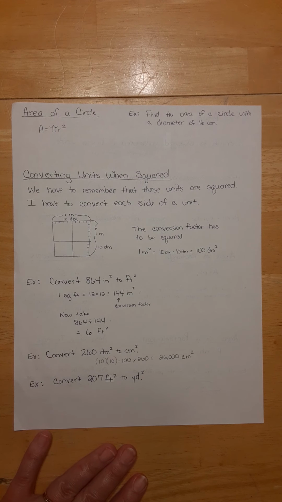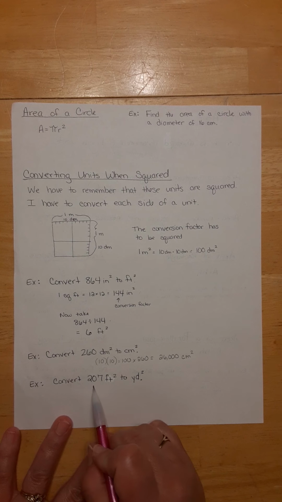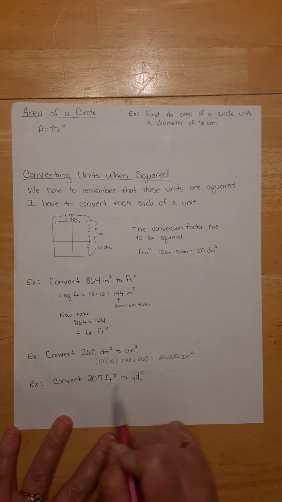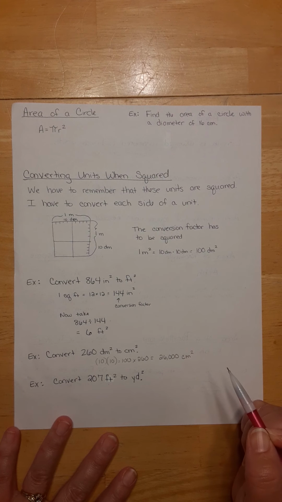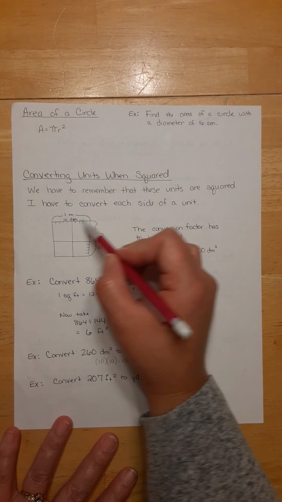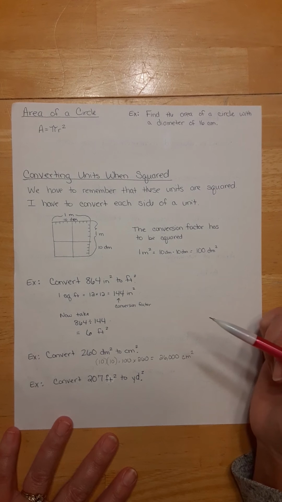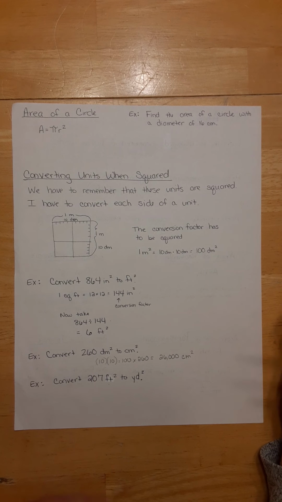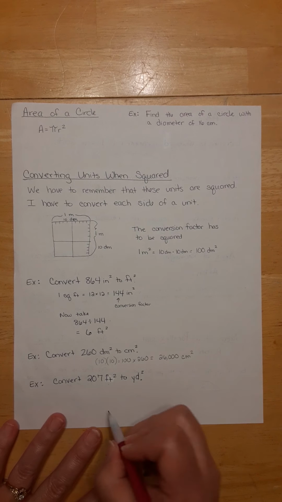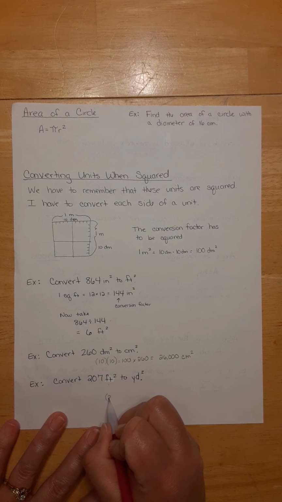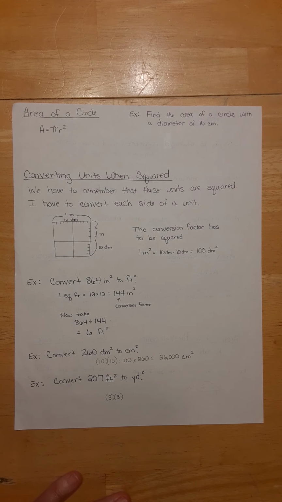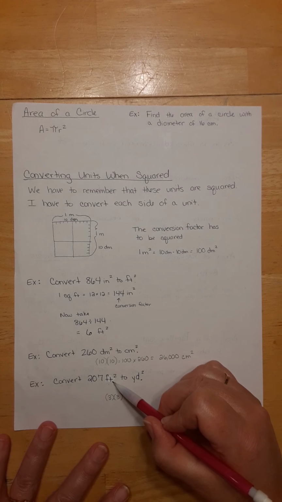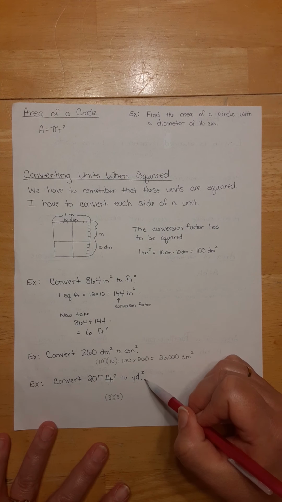Okay, let's do one more example here. I've got 207 square feet that I need to convert to yards squared. Now think about this. I have feet and feet. So how many feet are in a yard? I have 3, okay? And because I'm dealing with square, I have that. Now I'm going from a small unit to a large unit.